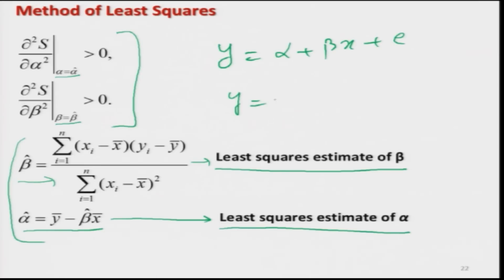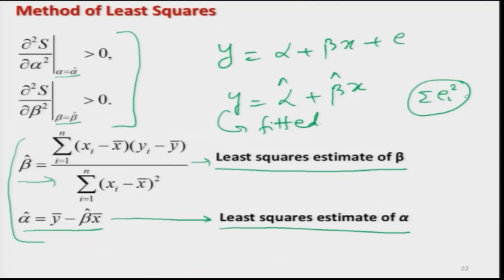Now we have found alpha to be alpha hat and beta to be beta hat, and the error term becomes 0, because we have obtained this equation in such a way that the sum of e i square is minimum, and the value of e i for which this sum is minimum is 0. That is why this is called the fitted model, and the original one is simply called a model.